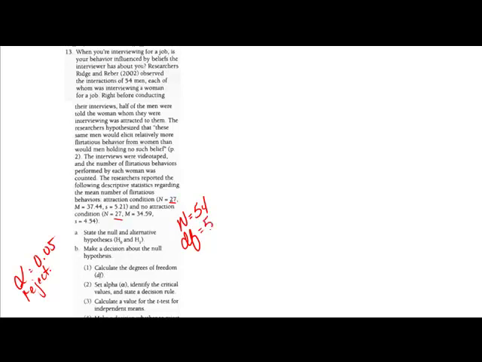So our degrees of freedom is 52. Let's go ahead and look on T18. 50 degrees of freedom, 2.009. So our critical value of t is plus or minus 2.009.